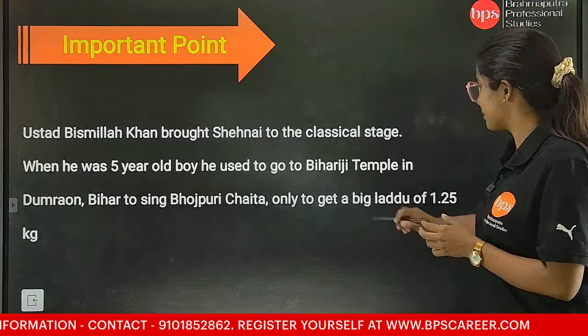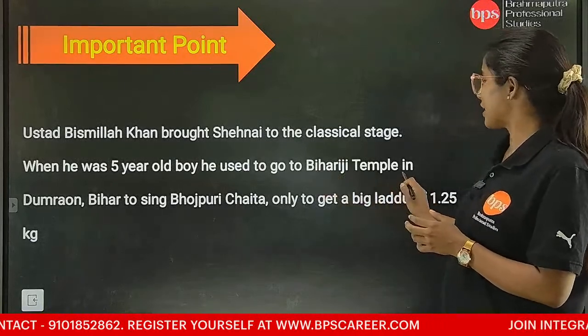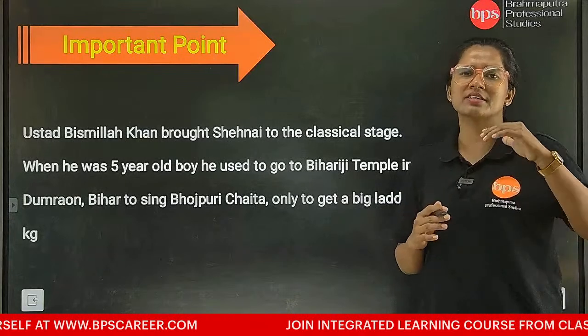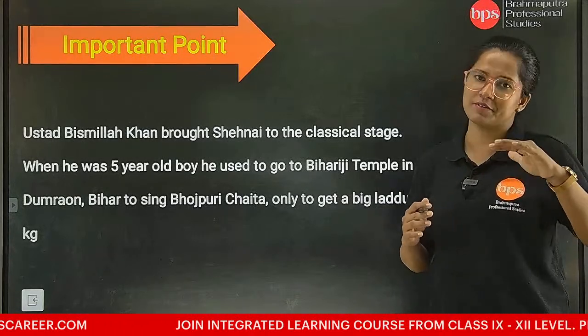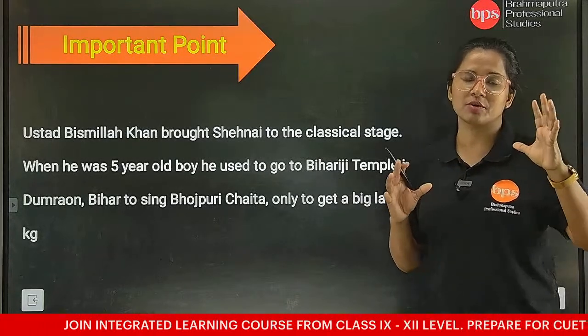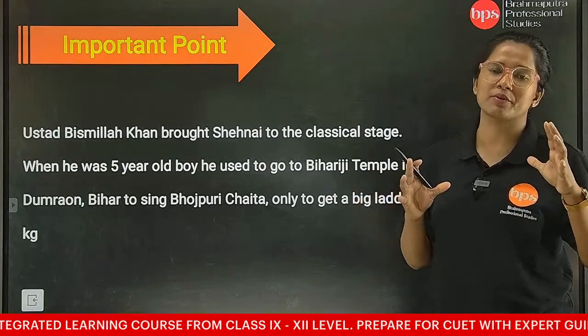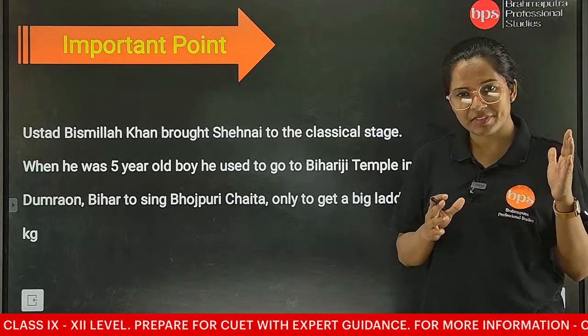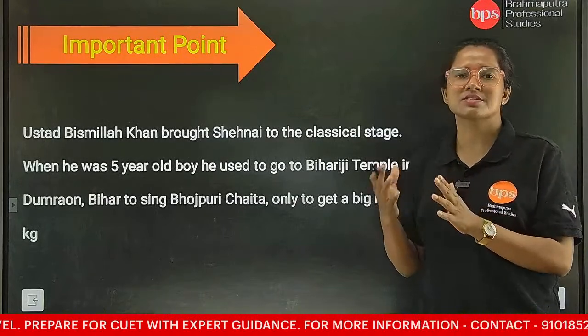Okay, Bihariji temple. Yes, he used to go to the Bihariji temple in Dumrao, Bihar. So you can imagine that a child of 5 years, we won't speak about 3 years, because 3 years is a very tender age. But from then onwards, his interest started.